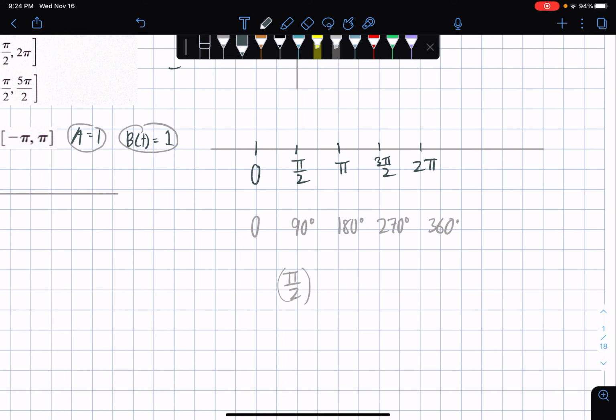So we just multiply the theta value from radians to degrees. So based on the calculator, this is 90.